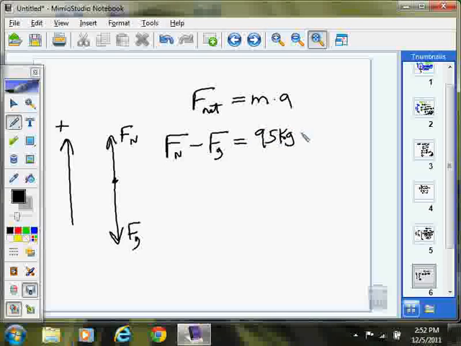But what would they put in for the acceleration? For the actual acceleration. Negative 1.30 meters per second squared. Negative, because it was given as 1.30 meters per second squared downward. So that would be negative. And if you plug in here, you still get the same answer.